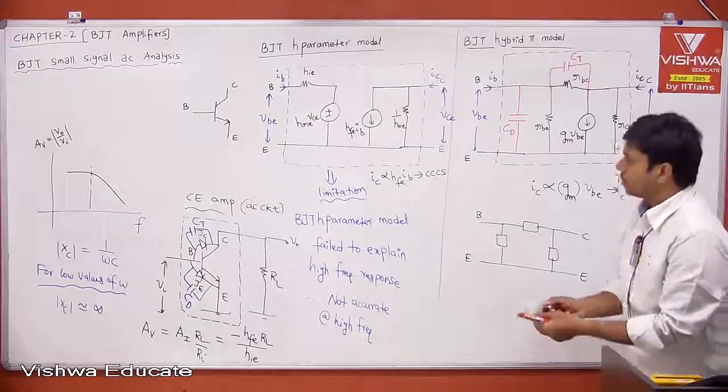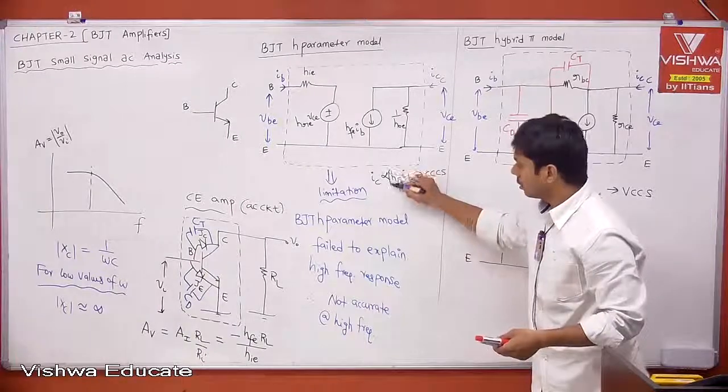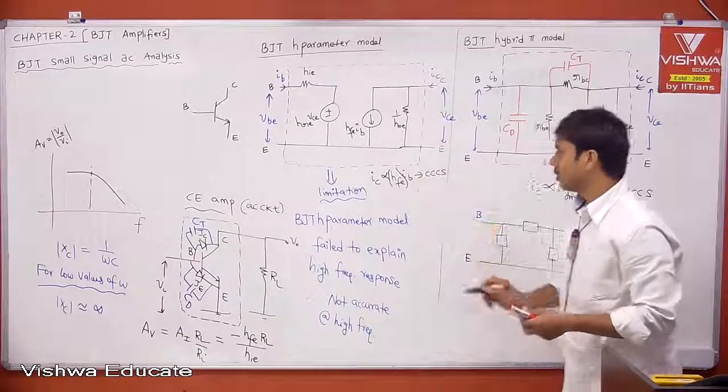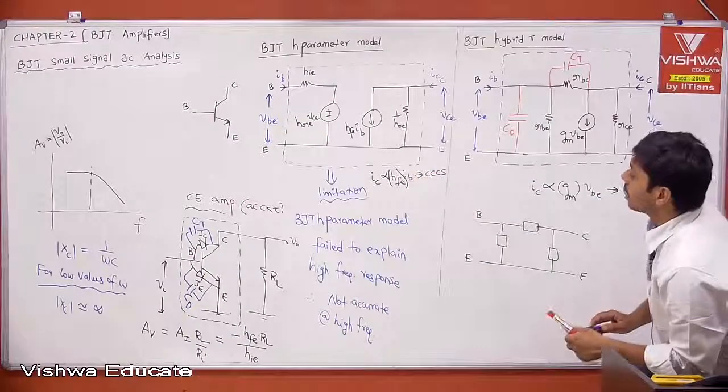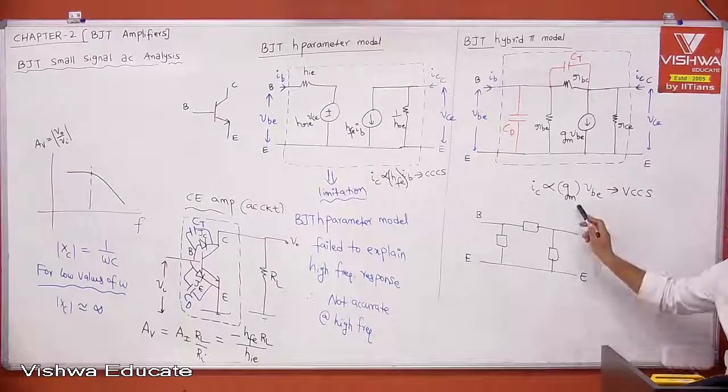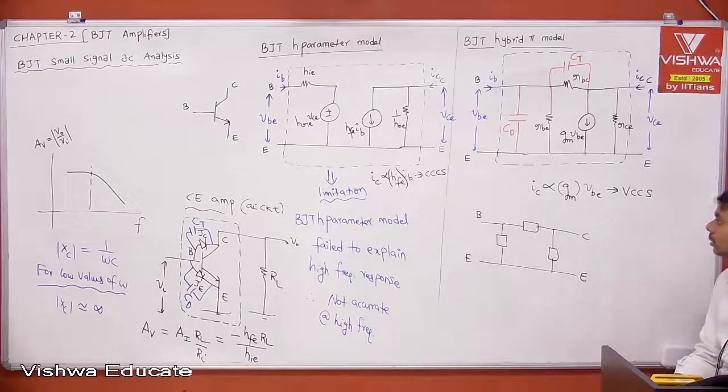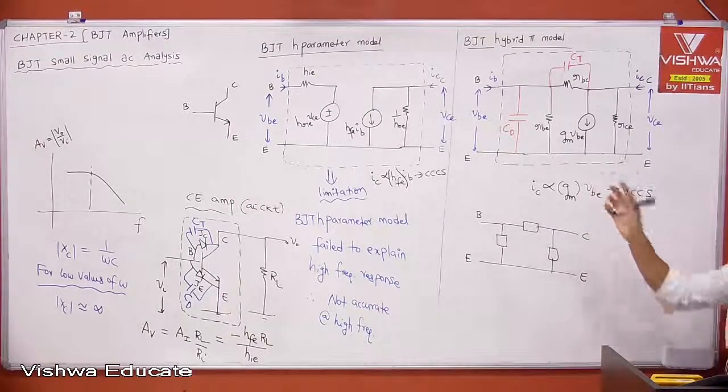This is the constant parameter, HFE. That is the current gain, but here is the transconductance gain of your BJT. Now we should get the relation between GM and the H parameters. That is nothing but correlating.